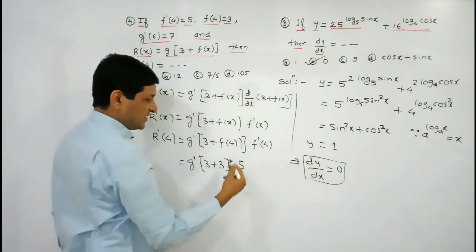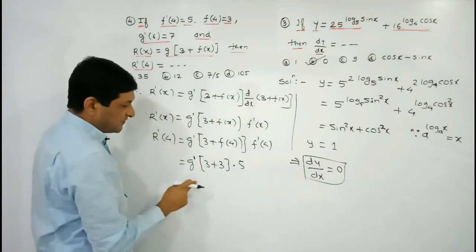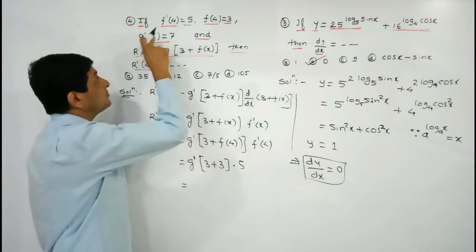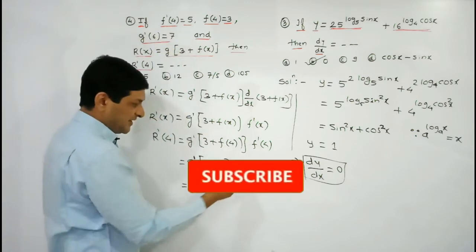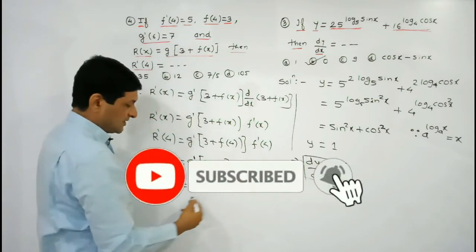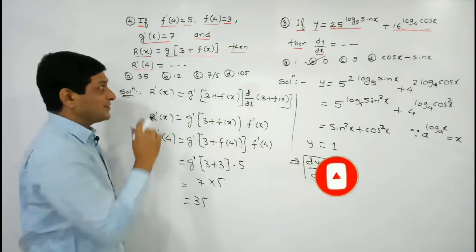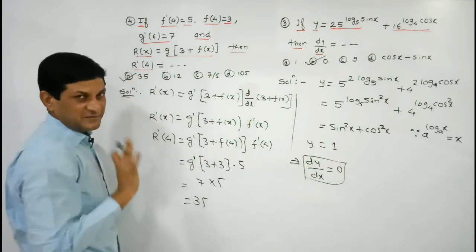These values are given to us. So here what we will get, 3 plus 3 is 6, means g dash of 6, and the value of g dash of 6 will be equal to 7 into 5, keep it as it is, so 7 into 5 will be equal to 35, means the value of r dash of 4 will be equal to 35.